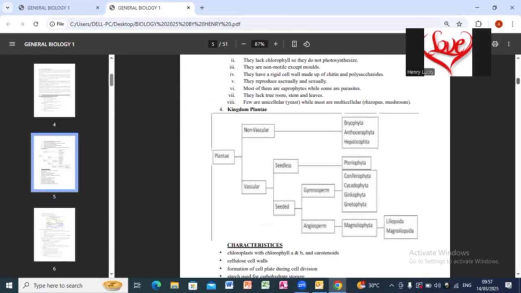The non-vascular plants consist of the bryophyta, the anthocerophyta, and the hepatophyta, while the vascular plants consist of the seedless and the seeded plants. The seedless plants are the pteridophyta and the rest of them, while the seeded plants are the gymnosperms and the angiosperms.